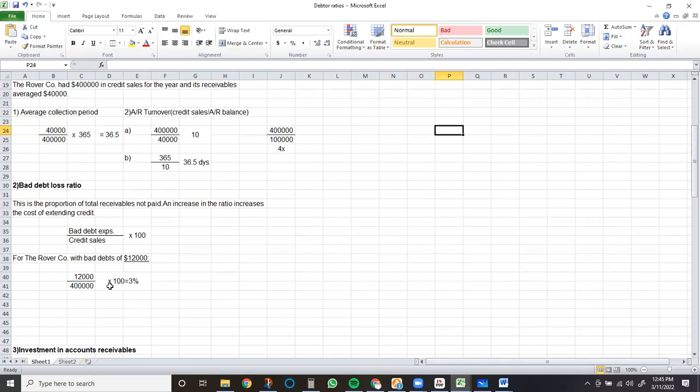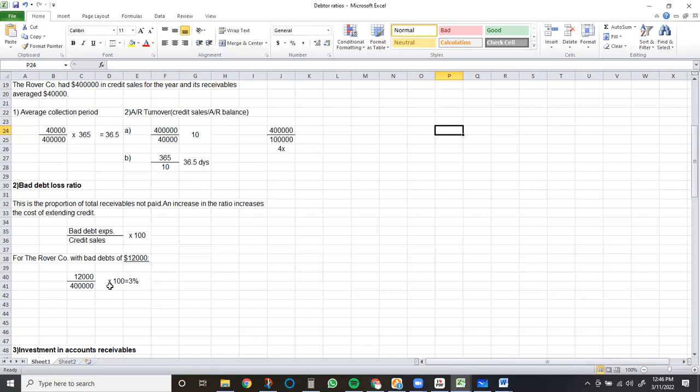Now, it means that if the bad debt goes to 6%, that might be an overall calculation done. In other words, we take our 400,000, 12 over 400,000 by 100% is 3, what we have there. Or in other words, 400,000 times 3% is 12,000.